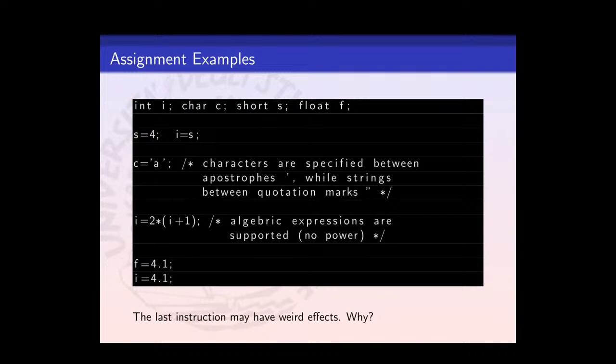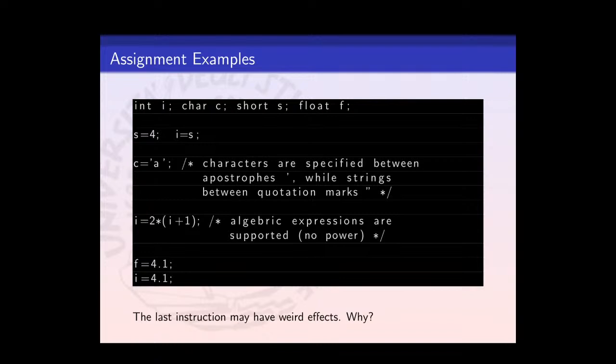Now let's have a look at the last two assignments. The first one: f is a floating point variable, a float variable. It's meant to represent a subset of the real values, so it's quite understandable that you may want to assign to that variable, for instance, 4.1.